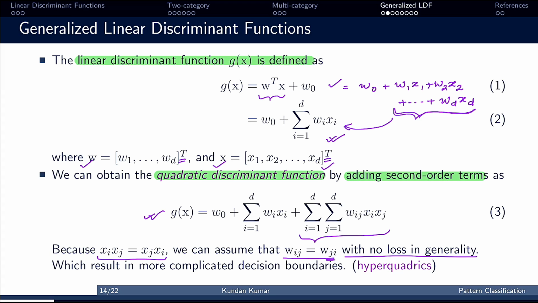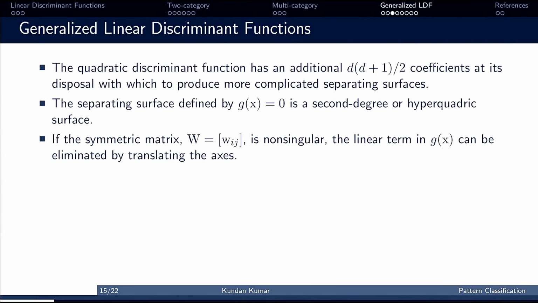When we add this quadratic term, then we will have a more complicated decision boundary, and that decision boundary is called the hyperquadratic boundary or hyperquadratic decision surface. So let us see what is the discriminant function. We have G(x) equal to W0 plus summation Wi xi, i equal to 1 to d.